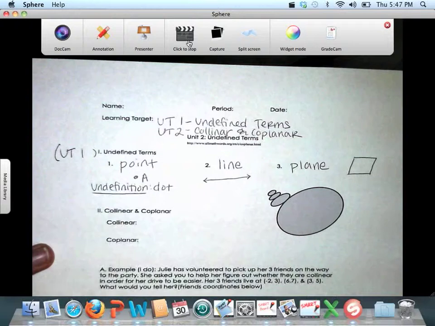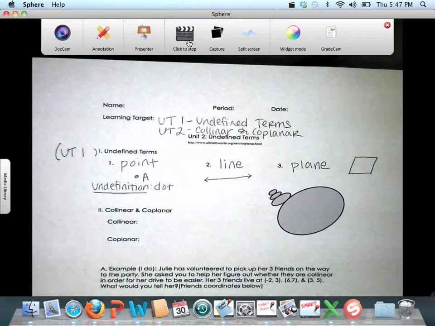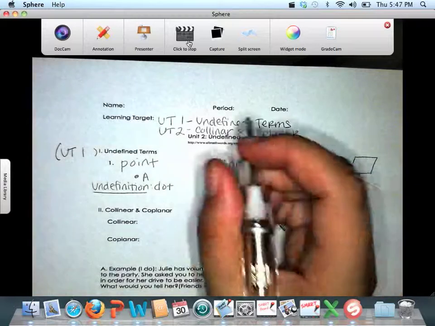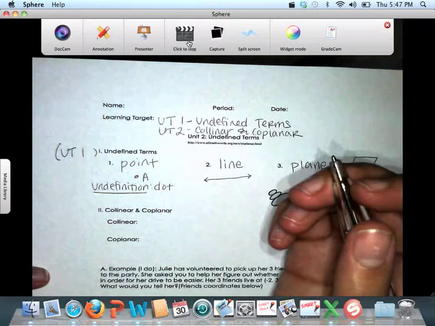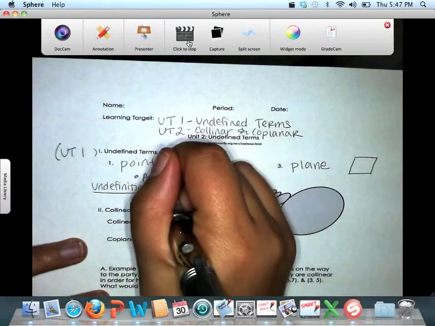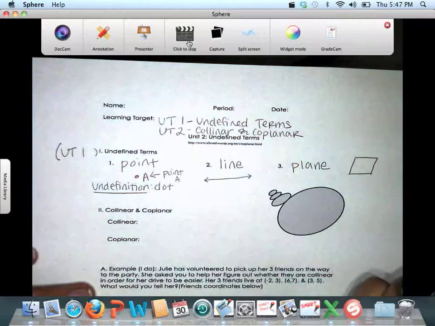There you go. It's a dot. It's one-dimensional. Okay? So it doesn't really have a definition. It just sort of has a description. Okay? And if you're ever going to write a point, alright, you would just call this point A. So this is point A. And it's that simple.